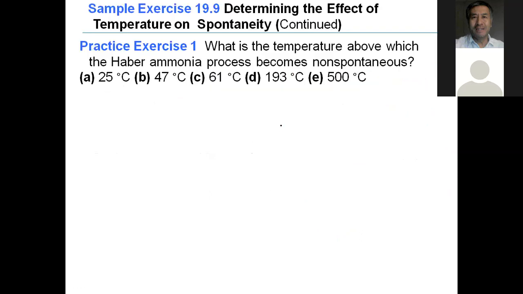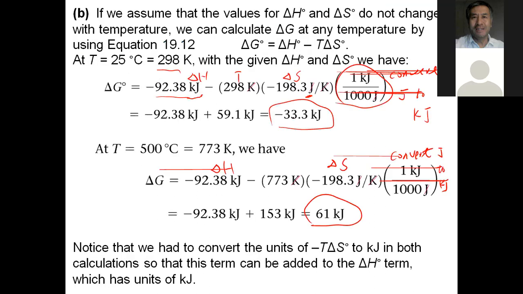Right, so the practice question for this Haber process is to predict at what temperature above which the Haber process becomes non-spontaneous. And from the last slide, we can see there are two delta G values.